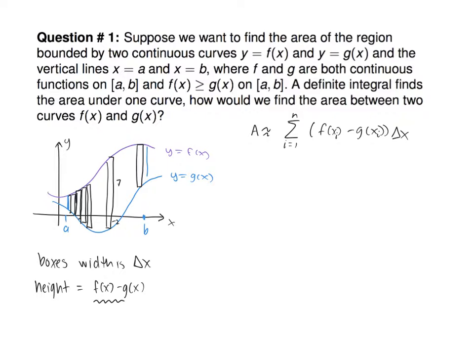And then how do you make that area exact? Technically you take a limit. Does that idea make sense? You take a limit as n goes to infinity of that thing, which makes it into an integral from left to right of f of x minus g of x dx.